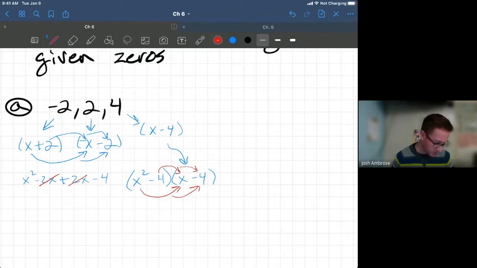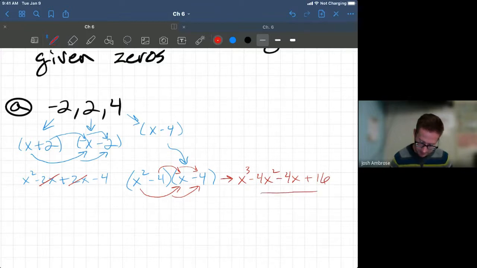Working that all the way through, you get x to the third minus 4x squared minus 4x plus 16.